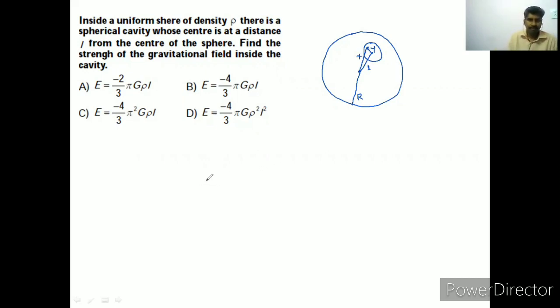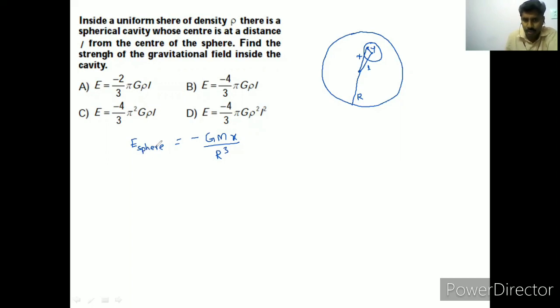Now the gravitational intensity of the sphere is equal to minus G M x by R cube, where M is the mass of the sphere. This is the formula for the intensity inside the sphere.